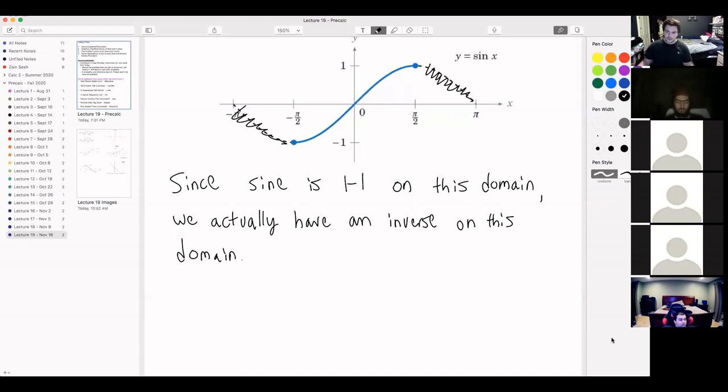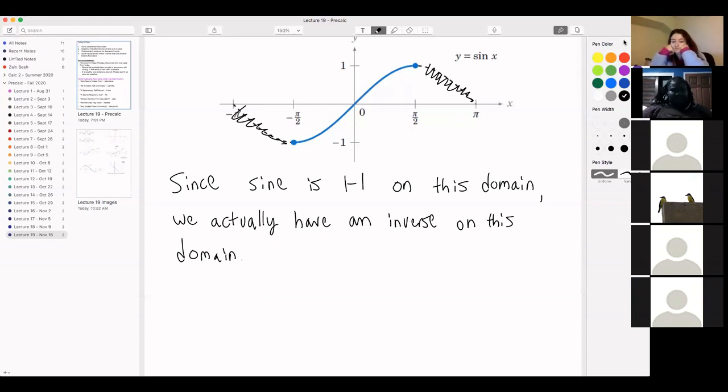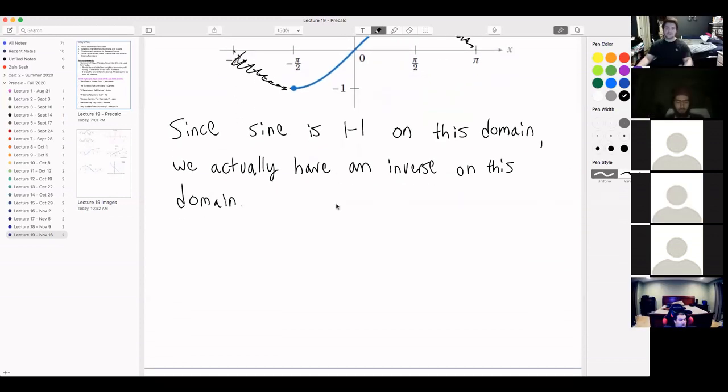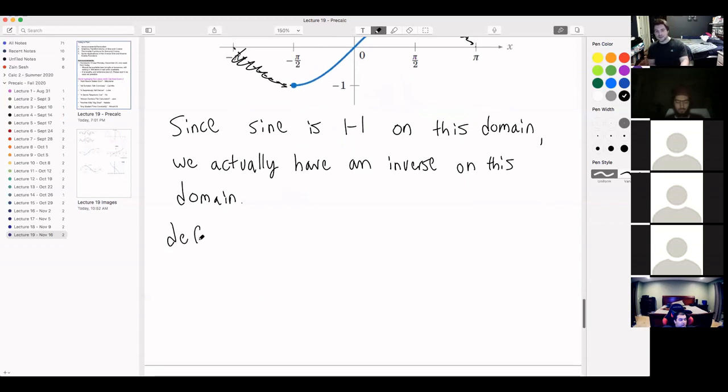Here now we lead to the definition of the inverse sine function. This is actually the formal definition.